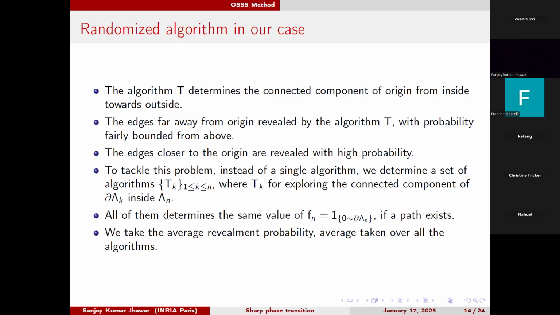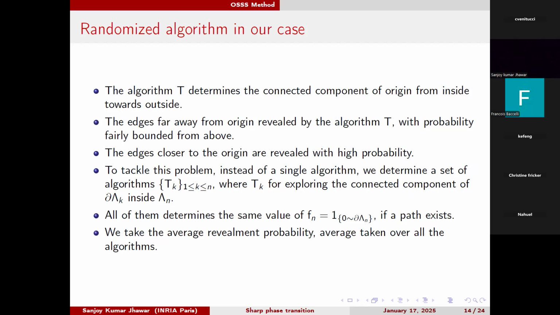Then if we start from k equal to 1, you can imagine the small box of size 1 around the origin, and it just gives you one edge that is connected to the origin.